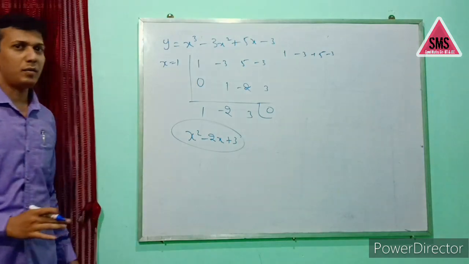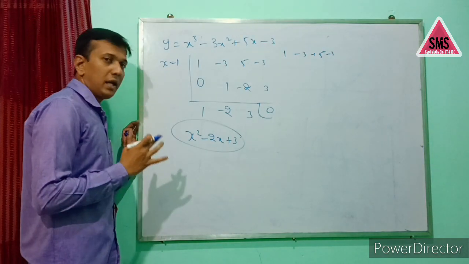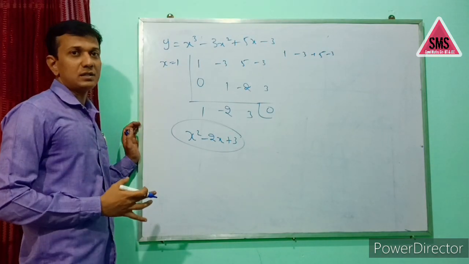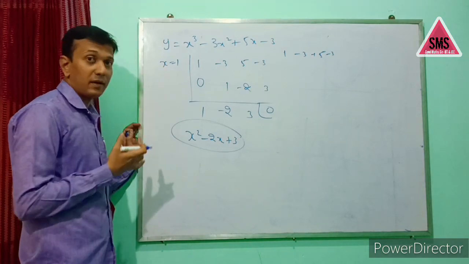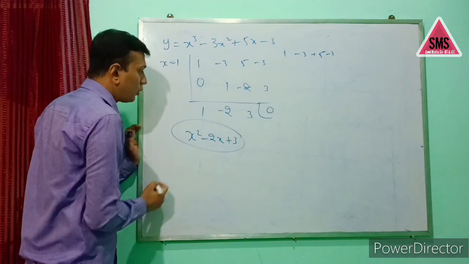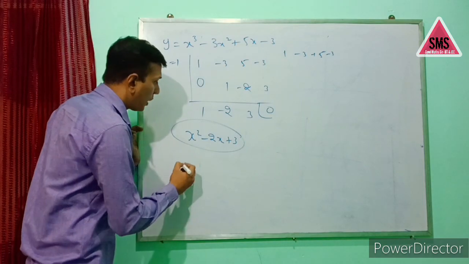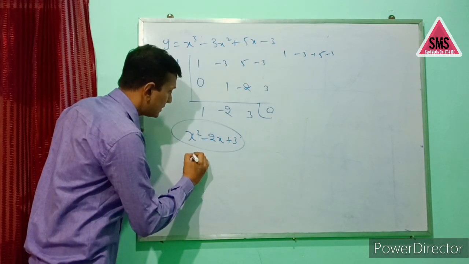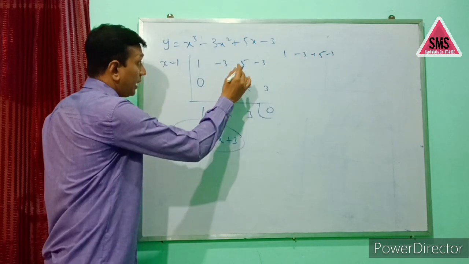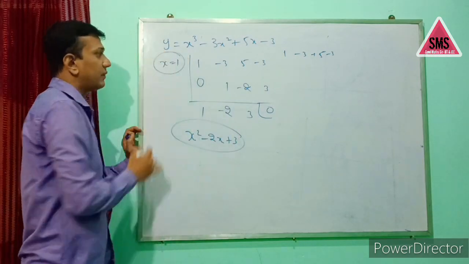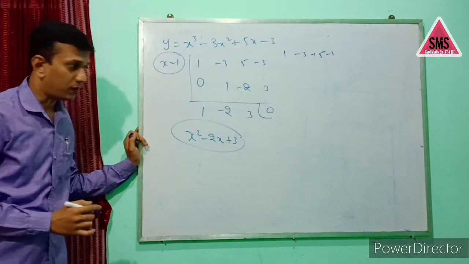Now, for this polynomial, am I going to get any real values of x? No. We are not going to get real values of x. Because of that, we can say that it is going to touch the x-axis at only one point, that is x equals 1.